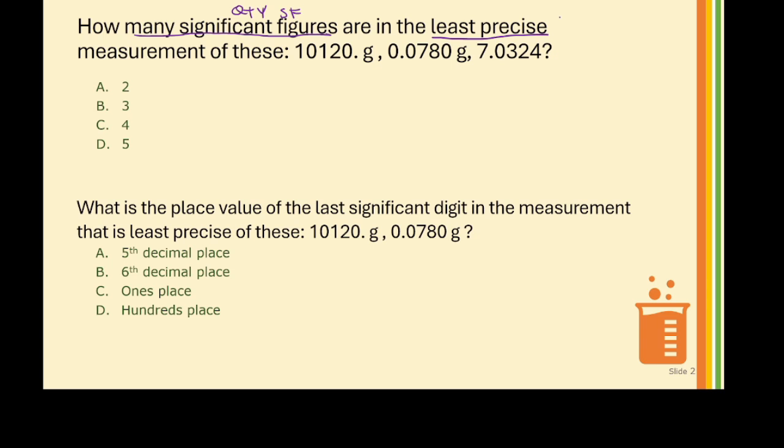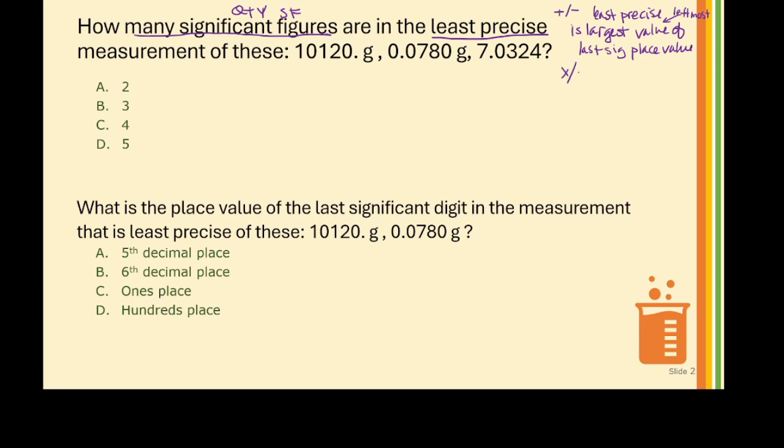If I'm doing plus or minus, least precise is the largest value of the last significant place value. And by largest, we mean leftmost in the place value series.